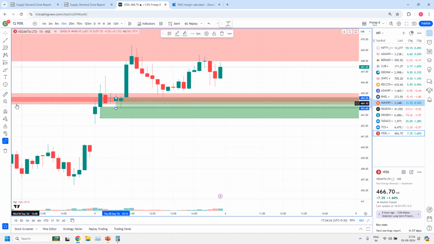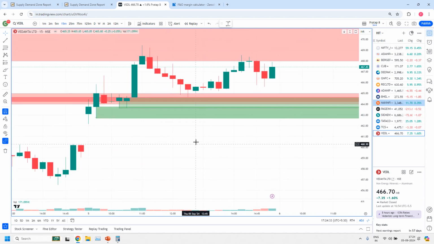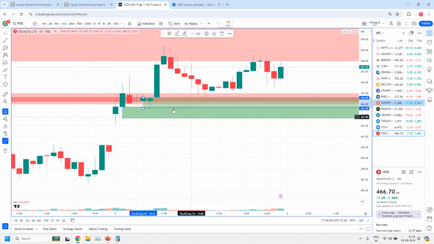So here we are planning a type 2 proximal entry. See now, after the leg out, prices came down again and reached this newly created 15-minute zone. Definitely this newly created 15-minute zone will have a fine-tuned 5-minute zone.